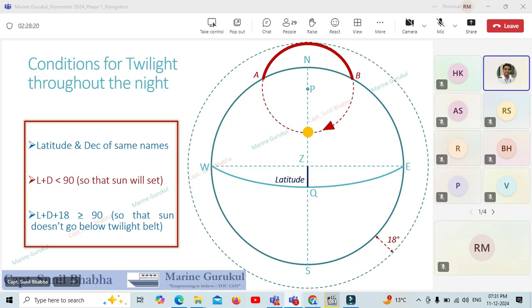Any more doubts, beta? Okay. Great. Very good, beta. So that completes our twilight topic also. Sometimes you get a straight question on this: what are the conditions for twilight throughout the night? So this is the answer. These three conditions you have to write down.